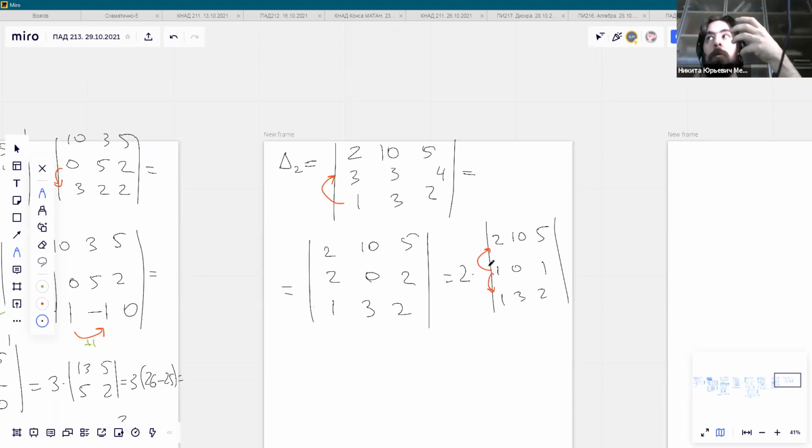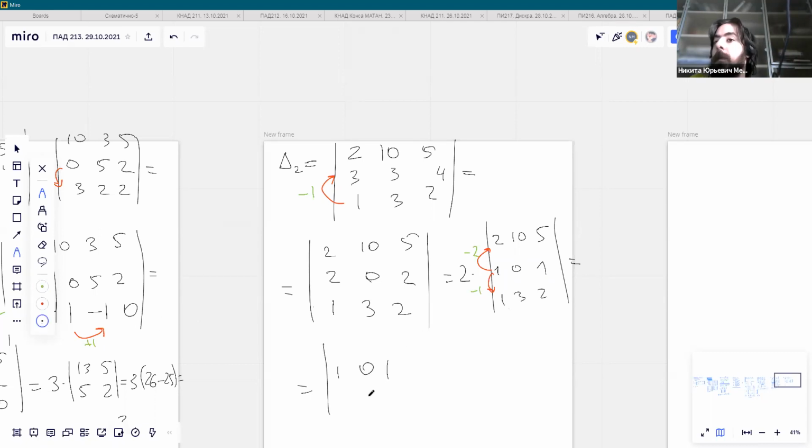I like rows that have small numbers and some zeros inside because it is easier to subtract them from other rows. I could do the same with the third row immediately, subtract it 3 times from here and 2 times from here to obtain 0 and 0. But instead, I used a clever trick to make computations easier.